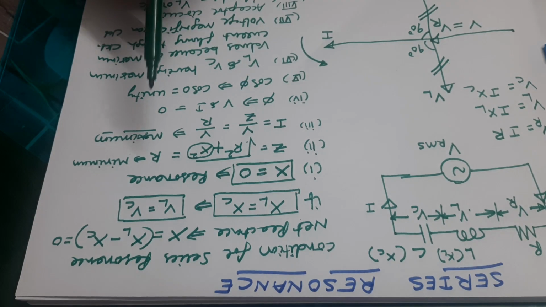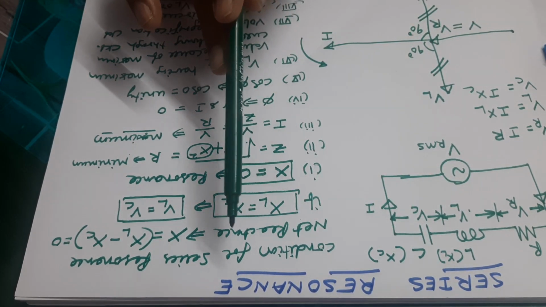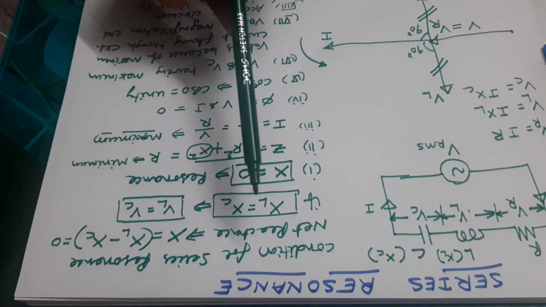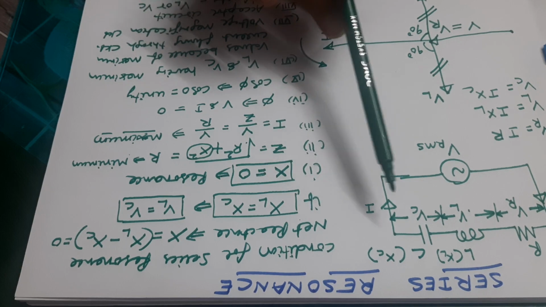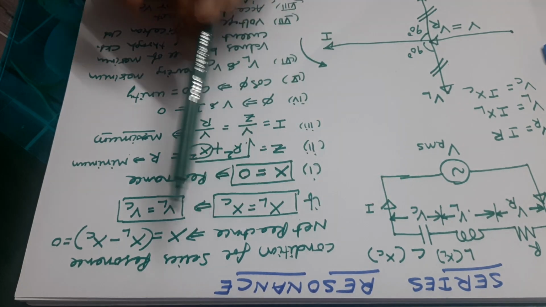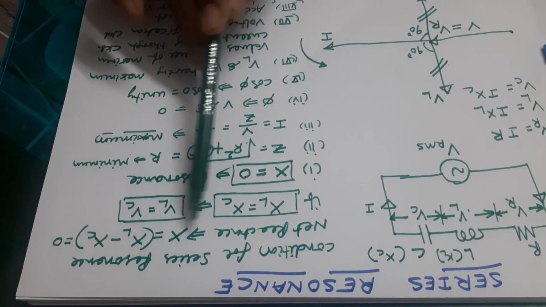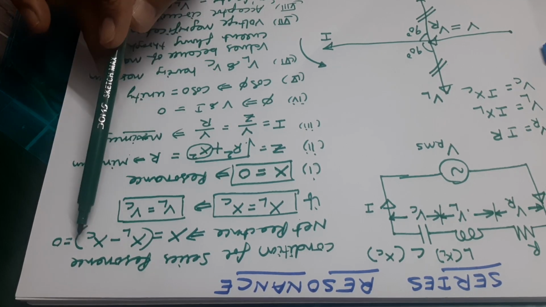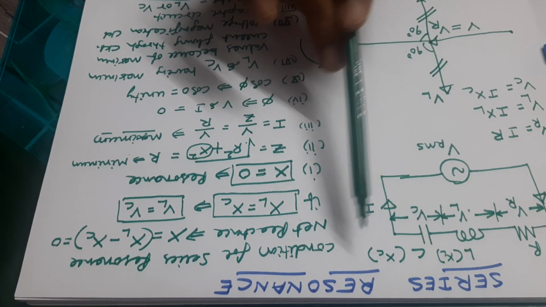Once again, I will briefly revise the concept. What is series resonance? Series resonance is a particular condition where the series circuit is under resonance. When will it happen? The condition for series resonance is that the net reactance becomes 0. What is net reactance? The difference of XL and XC. What is XL? The ohmic value of L. What is XC?